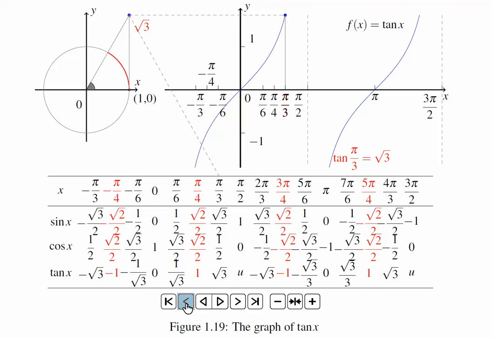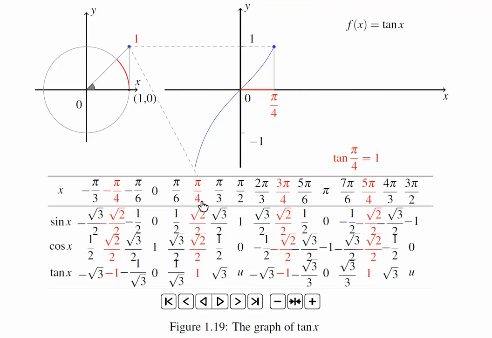You may go back one frame. That's when x takes the value pi over 4. 180 divided by 4 gives you 45 degrees here, corresponding to the length of the arc, which is pi over 4.